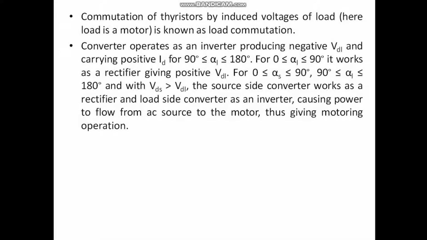For firing angle 0 to 90, it works as a rectifier giving positive VDL, with VDS greater than VDL. VDS is the source side voltage, VDL is the load side voltage. So we have to compare these two.